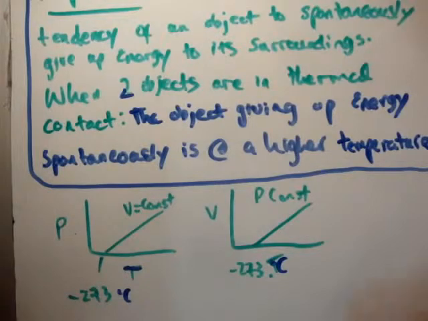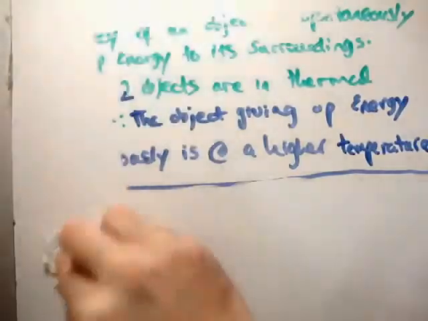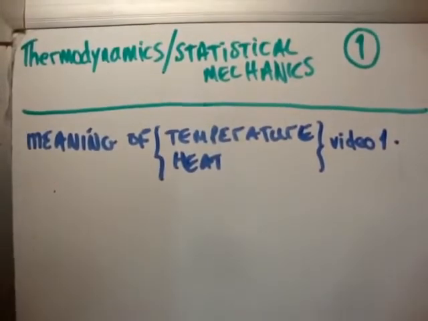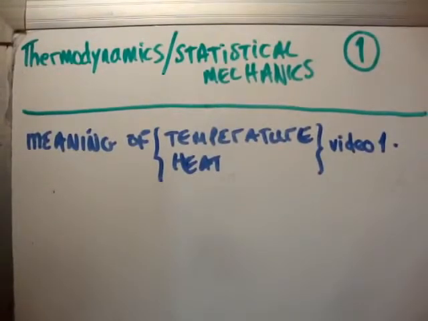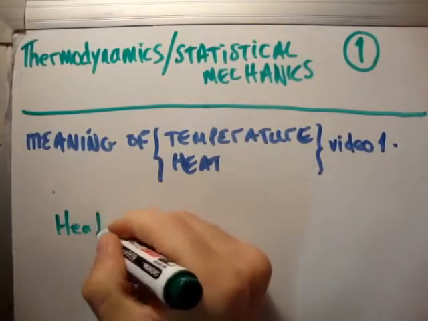Alright, now finally, I said I'm going to talk about heat, and this is going to be quite brief. We've said so far that temperature is related to energy, and we said that the body which gives up energy spontaneously is said to be at the higher temperature. So I'm going to give you the definition of heat.